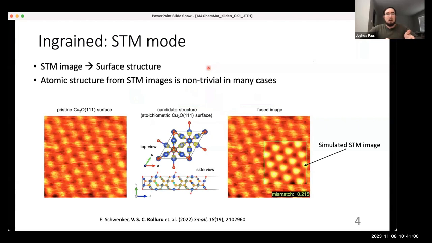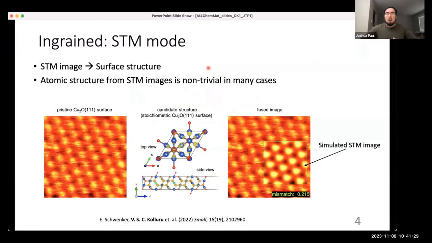So on the left here, I have plotted the STM image for the pristine Cu2O cuprous oxide 111 crystalline facet. In the center here, we have the candidate structure for that pristine surface. And on the right is an overlap of the theoretical simulated STM image that we generate for that center structure, and below that, the experimental STM image.